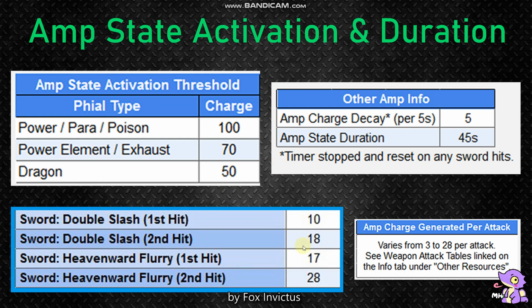Here at the bottom I have the best combos explained, where you can fill up your M state activation threshold charge. The best combo is the double slash, like I explained. You get 10 charge points from the first hit of the double slash, 18 from the second hit, and Heaven's Sword Flurry is actually the best combo to charge up your Switch Axe or your Sword Gauge.